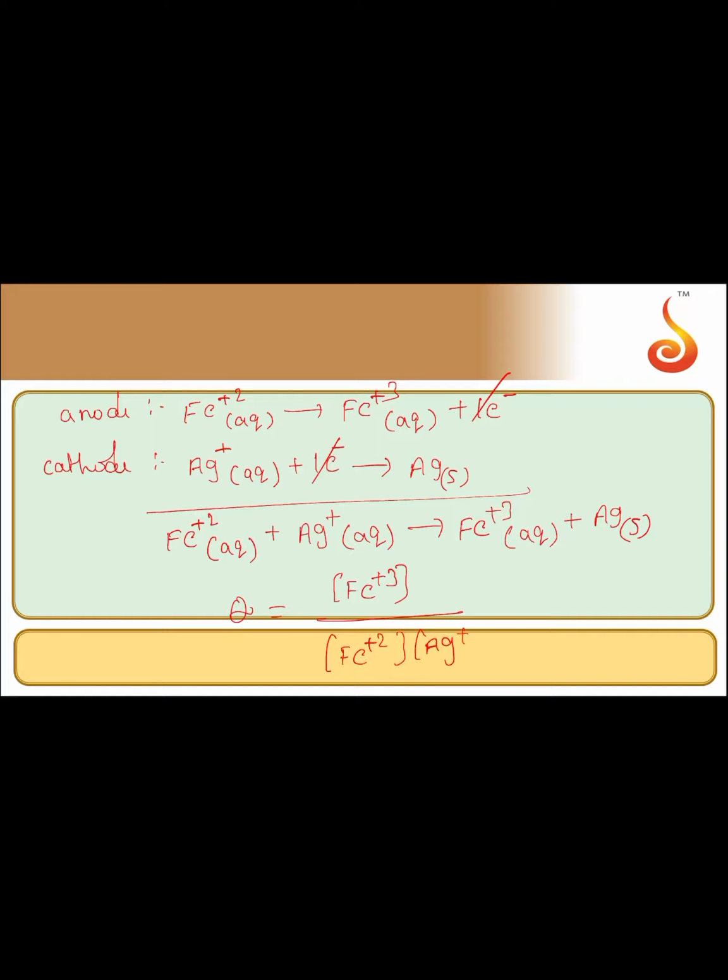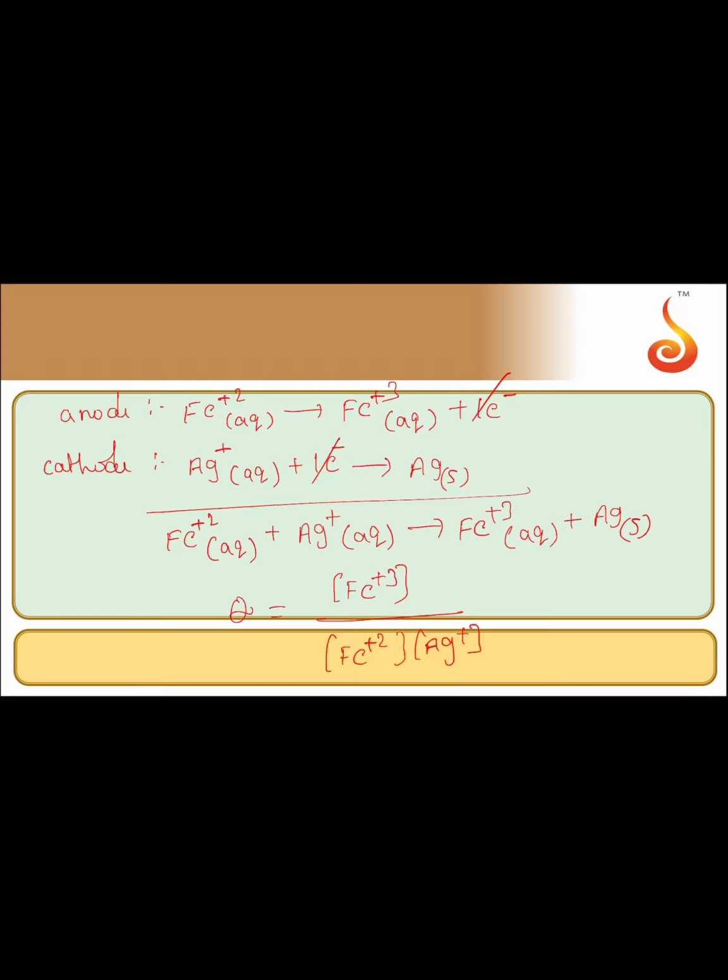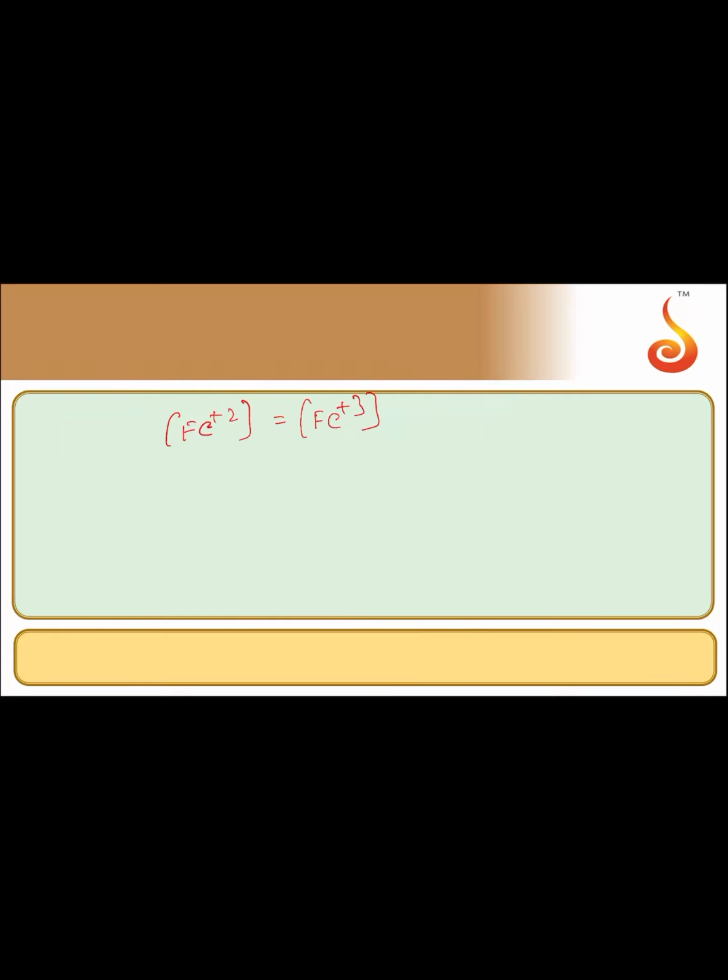Anyway, in the problem they mentioned that the concentration of Fe2+ is equal to the concentration of Fe3+. So here we can cancel these two, Fe3+ and Fe2+. So the remaining Q is equal to 1 by Ag+ concentration. Now we can take the Nernst equation.